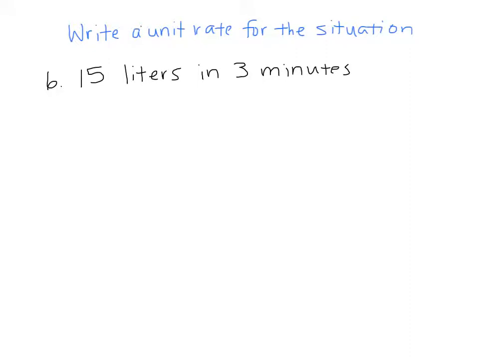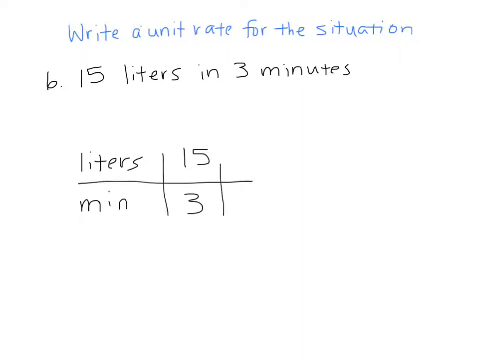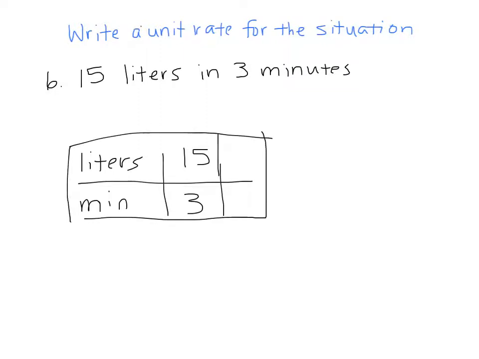Number 6 is 15 liters in 3 minutes. And again, doing the same thing. We've got our liters to minutes, and I have 15 to 3. And I want to make that a unit. So I want to know how many liters per minute, basically, if I'm finding a unit.